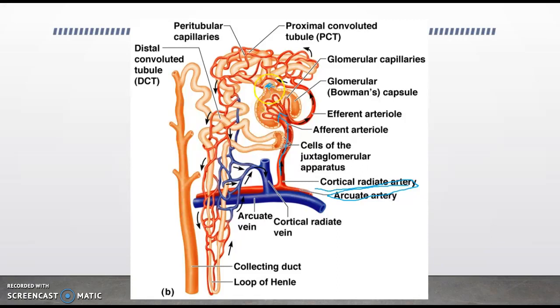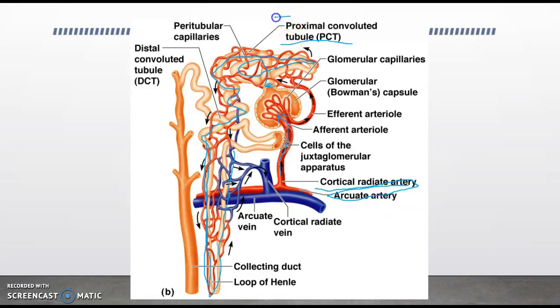So what happens is everything from our blood, all of our solutes, is going to enter into the proximal convoluted tubule here, and it's going to travel around. We're going to talk about all the things that happen in here, but right now just know that the proximal convoluted tubule is going to take everything that's come out of your blood and dip it down into the loop of Henle, which is our next one.